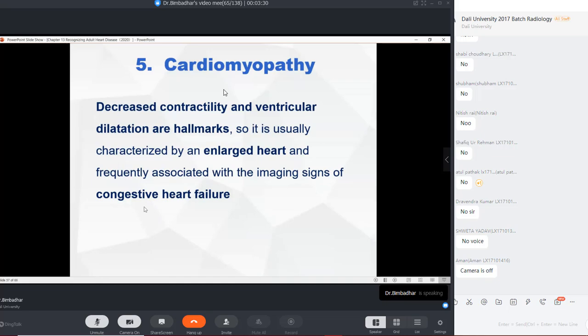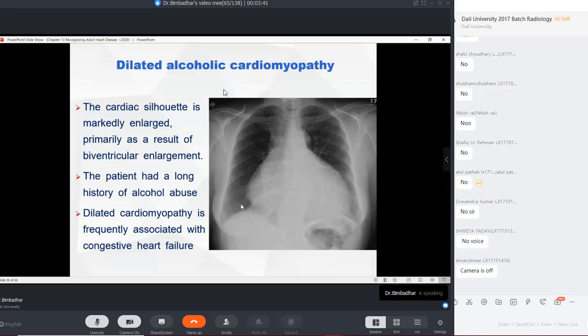An increase in the cardiothoracic ratio greater than 50% should be there, and that is happening because of decreased contractility and ventricular dilatation. Now you see here, when I am trying to measure the heart size, I draw a central line like this. I measure the diameter from the right heart border to the central line, and then I draw another line from the central line to the left ventricle as well.